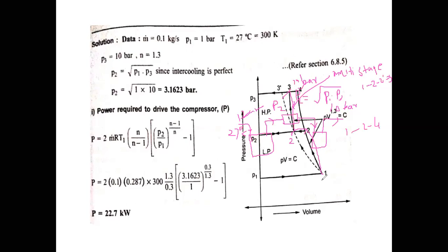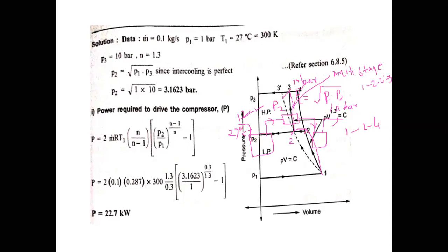In the case of single stage compression, the air will be compressed by a polytropic process with the law PV^1.3 equal to constant. First of all, we have to find out the power required to drive the compressor.